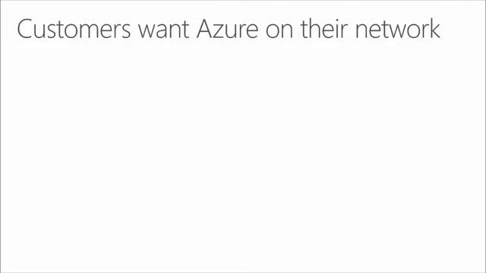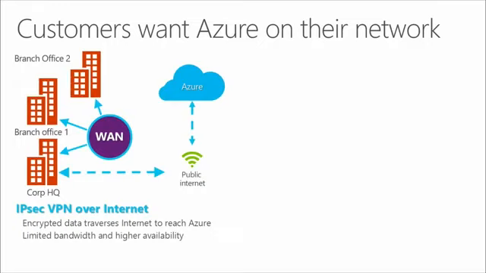But customers, they also come with us with a different type of request. They say, okay, I can create a VPN connection, site-to-site VPN with IPsec, but still, this means I will be reaching to the resources in Azure using the internet connection.